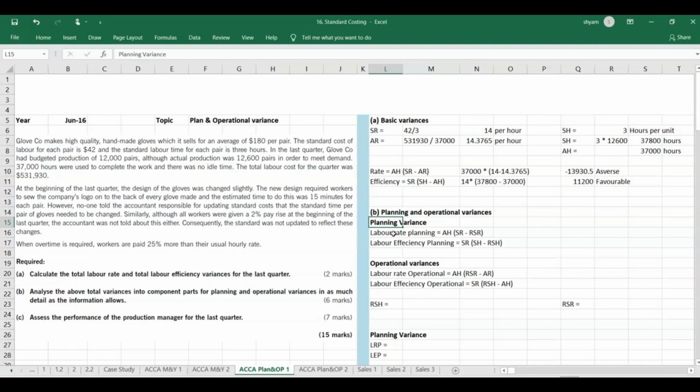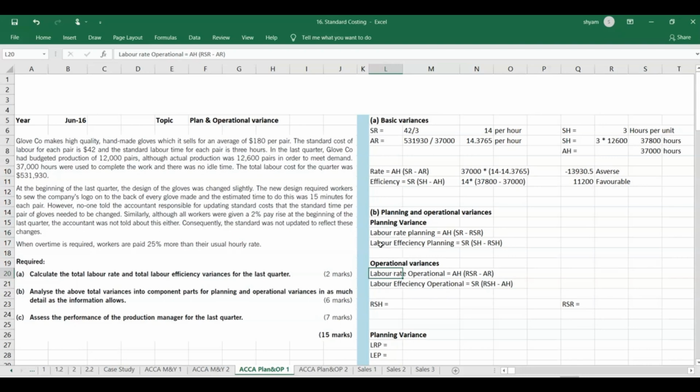For labor rate planning variance, what is the mistake they have done in terms of the rate? If the planning department has made any mistake, that is found out in labor rate planning. Labor rate operational gives you why the variance is favorable or adverse in terms of actual production. So the blame or credit for labor rate planning variance goes to the planning department, and the labor rate operational variance goes to the production manager.